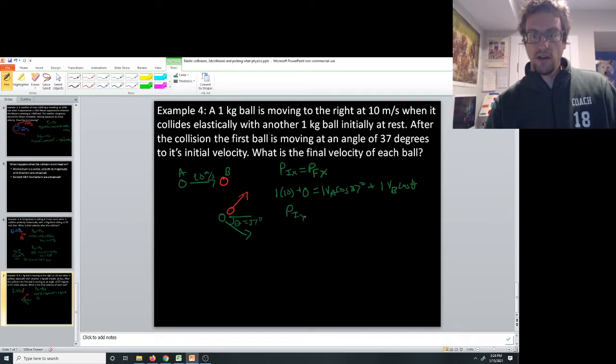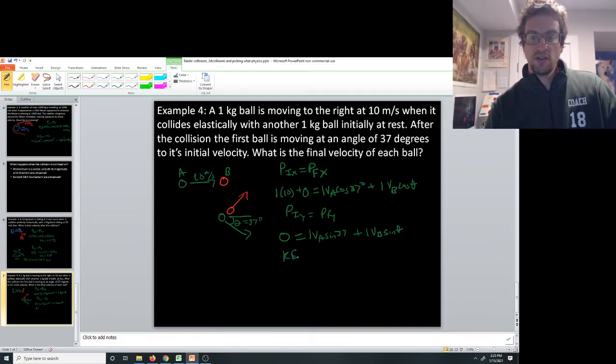P initial y equals P final y. So I've got 0. There's no initial momentum in the vertical direction. That is equal to 1 VA sine of 37 plus 1 VB sine of theta. And finally, we have kinetic energy initial equals kinetic energy final.